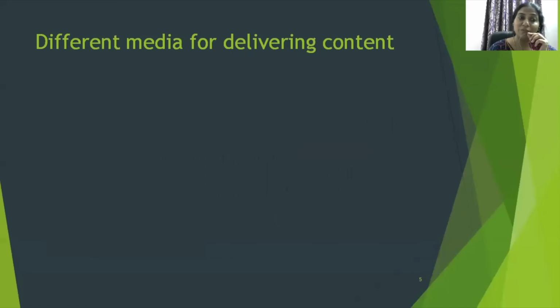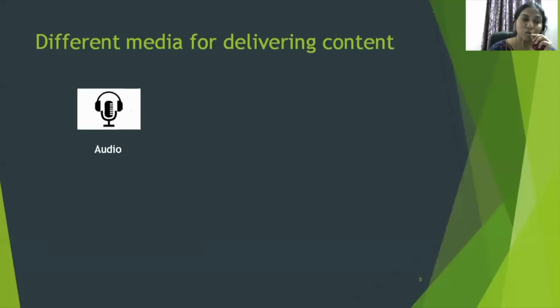There are different media to deliver the content. As a 21st century educator, we have multiple media options through which we can choose to deliver content to our learners. Let us take a look at some of the popular media formats through which you can give your content to your learners. The first one is audio content. You can choose to give your content using an audio narration.